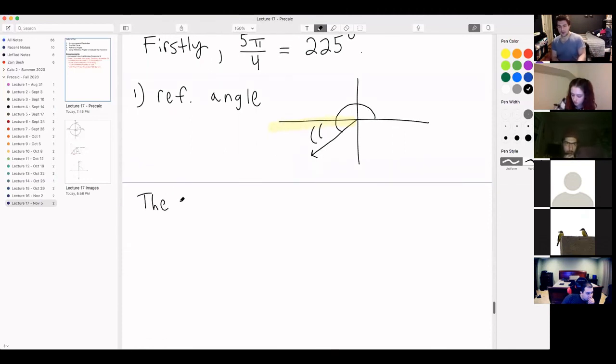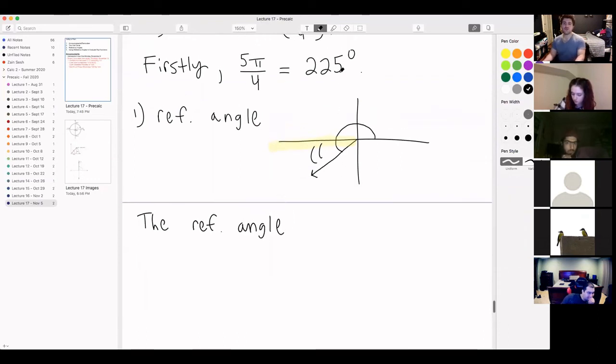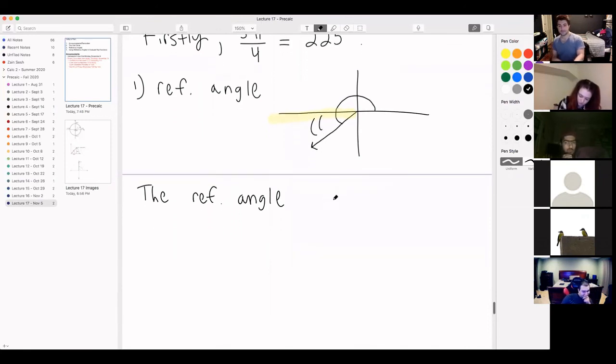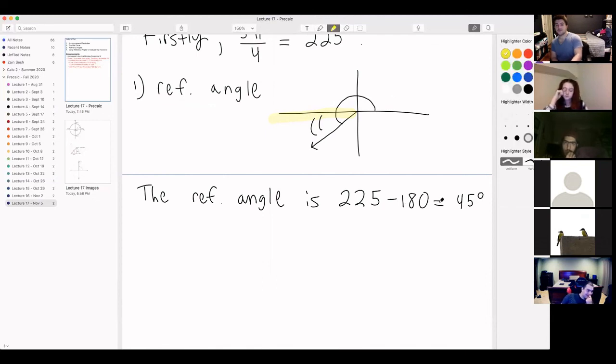So the reference angle, what you do in this one, you're going to do 225 minus 180, which is 45 degrees. Very good. That's our reference angle.